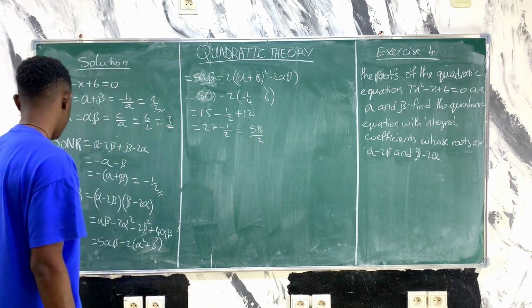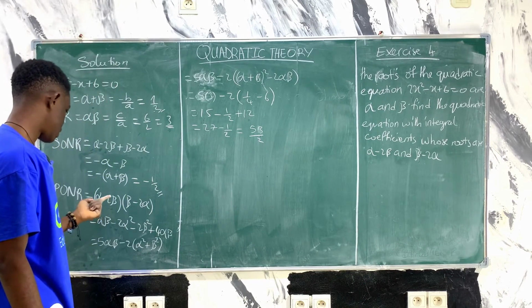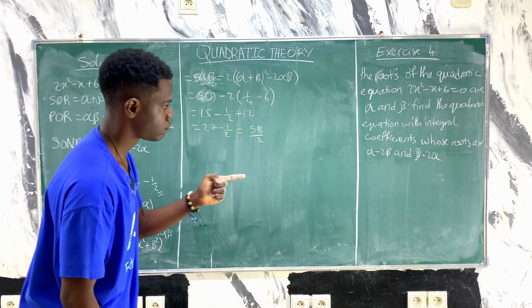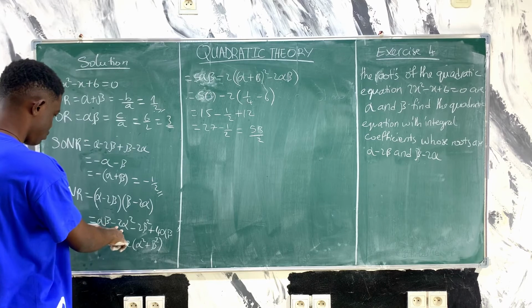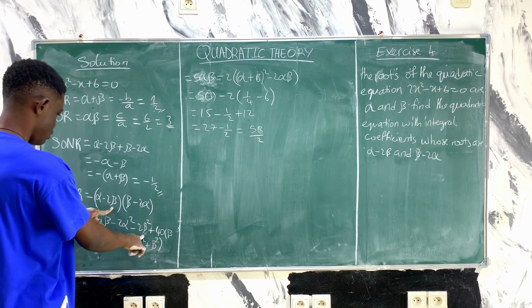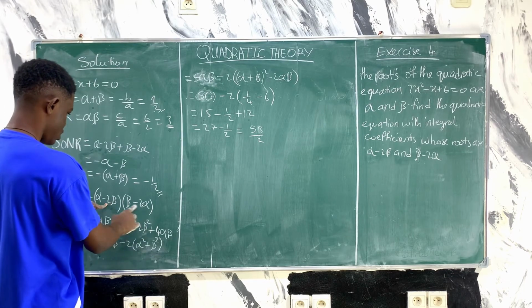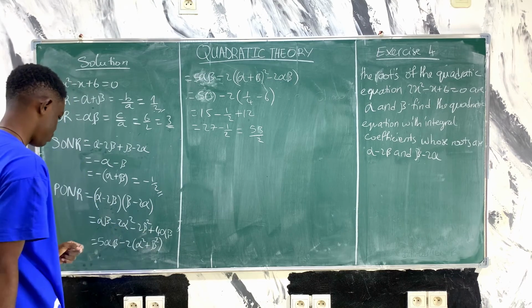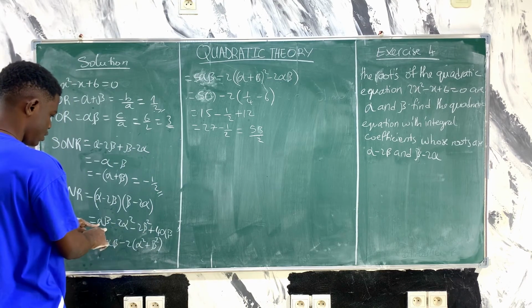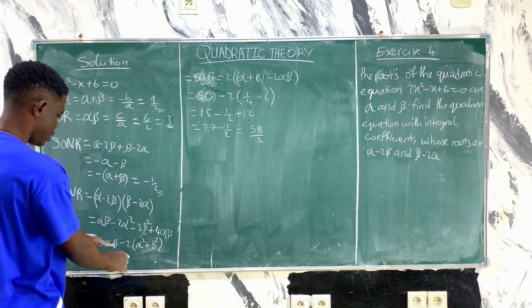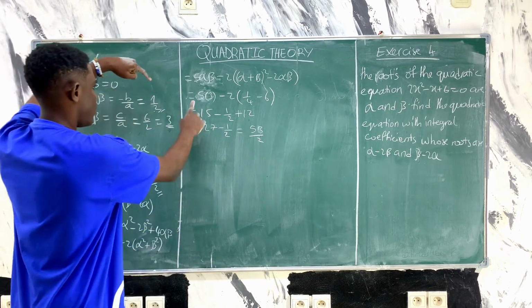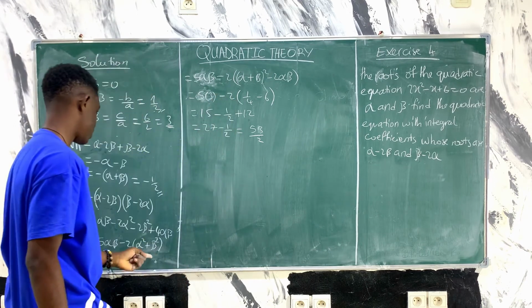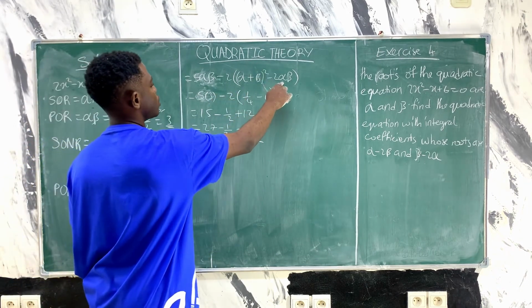Hopefully I didn't make any error. Let me check alpha minus 2 beta times beta minus 2 alpha. I have alpha beta minus 2 alpha squared minus 2 beta squared plus 4 alpha beta. Then alpha beta plus 4 alpha beta is 5 alpha beta, then minus 2 into alpha squared plus beta squared, which is alpha plus beta all squared minus 2 alpha beta.